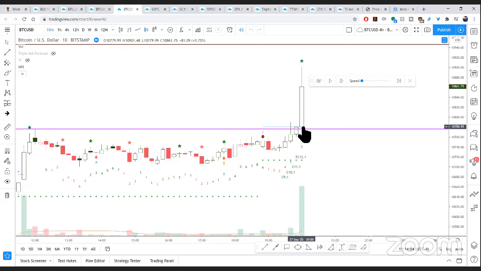So the moment this candle begins, because I have two conditions. Close, the current price of the candle needs to be above this one and this one. But it needs to close above that and trade above that. So obviously on the second tick of the candle, it's trading above this and it would close above that. Well, you don't know where it's going to close, but it's only a 10-minute candle. So the green star shows up right away.